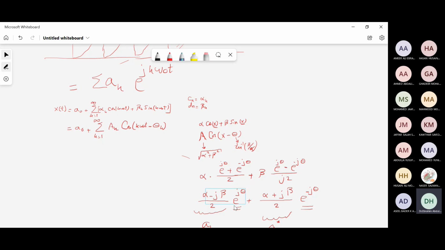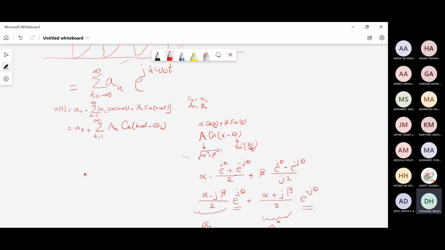That is for this part. But for this part, I have to go from minus infinity to minus 1. And we have a naught. So I can include all of these inside, and write it as k from minus infinity to plus infinity.